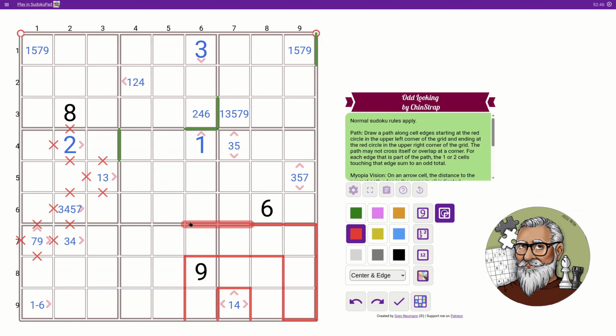This would have to connect here, not there. No, not through this one. Oh, hold on.